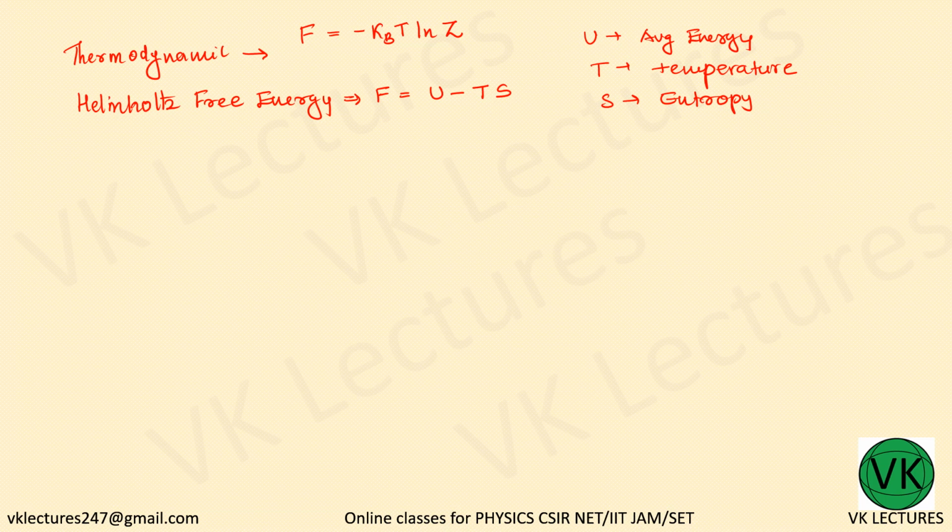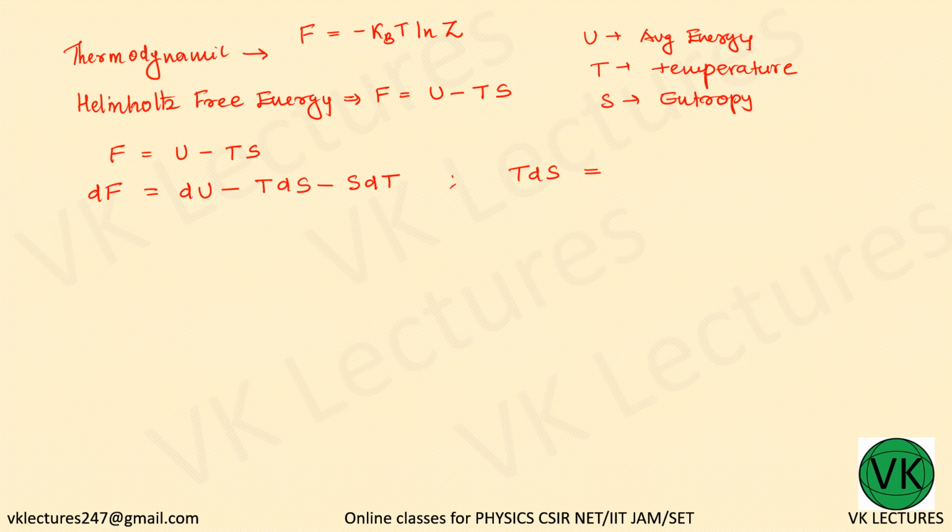Now from the thermodynamic point of view, we can write F as U minus TS, and differentiating this, dF is equal to dU minus TdS minus S dT, the partial differentiation. Now we need to write what TdS is from the first law of thermodynamics.